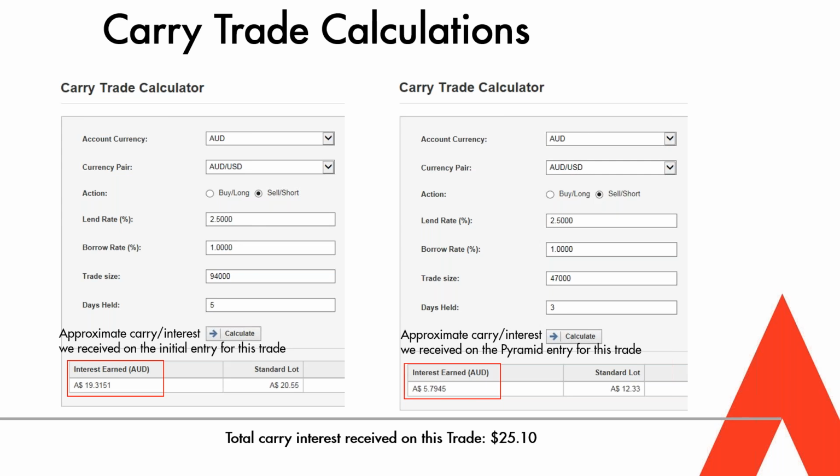And with the pyramid trade, where we added another $47,000 contract, the number of days held up to that point in time was 3 days. So there's another $5.79. Basically, up to that point, we were being paid $25.10 in total in interest, which is not too bad as opposed to paying it. So we were receiving it.